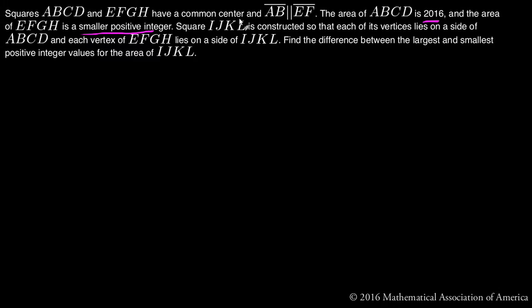Since IJKL is constructed so that each of its vertices lie on ABCD and each vertex of EFGH lies on a side of IJKL, find the difference between the largest and smallest positive integer values for the area of IJKL.